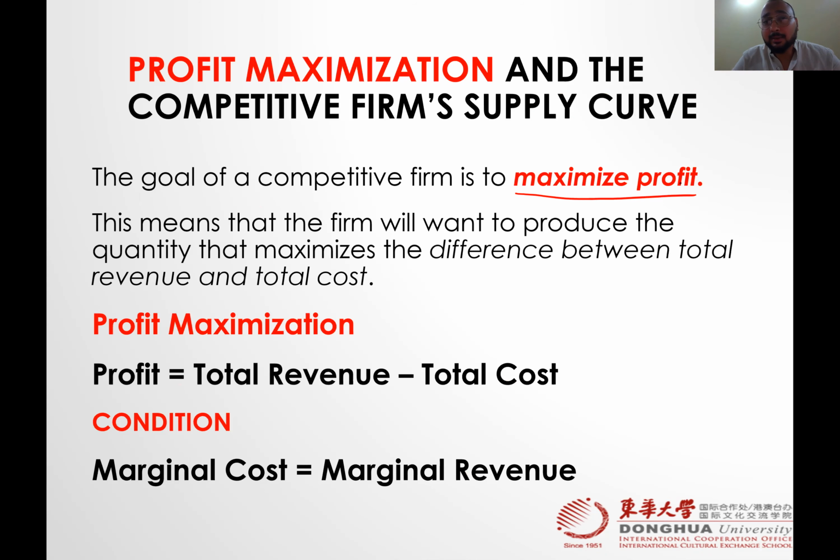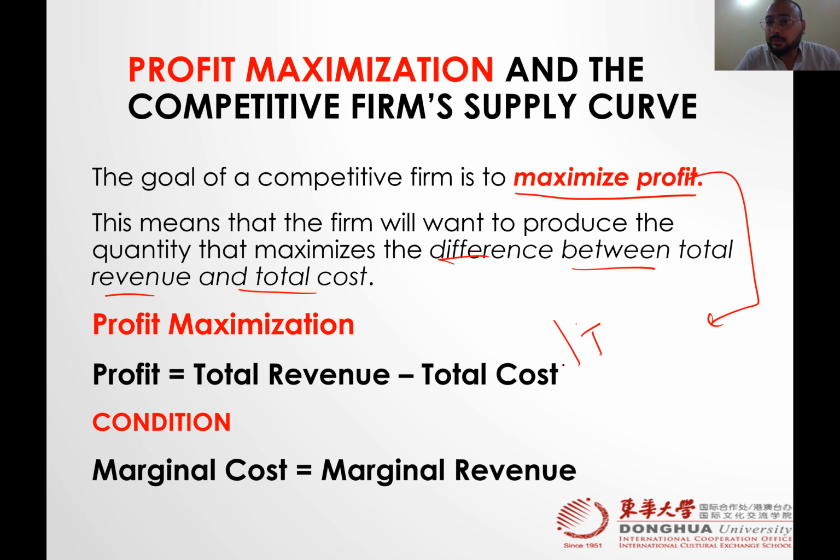So this means that firm will want to produce the quantity that maximizes the difference between total revenue and total cost. Right? Like I told you, we are going to maximize our profit by reducing our total cost. And how we can reduce our total cost? By producing that quantity which minimizes our total cost.